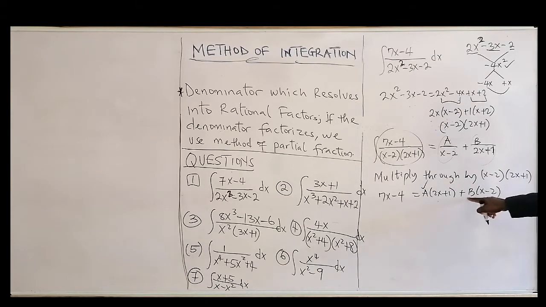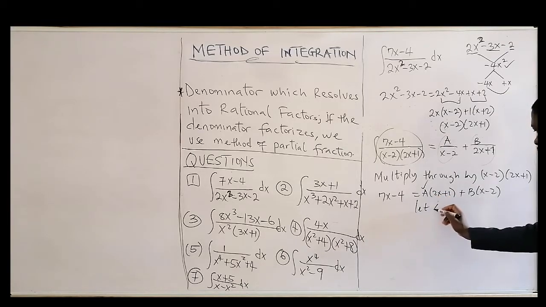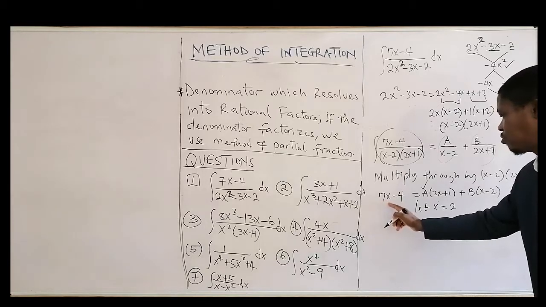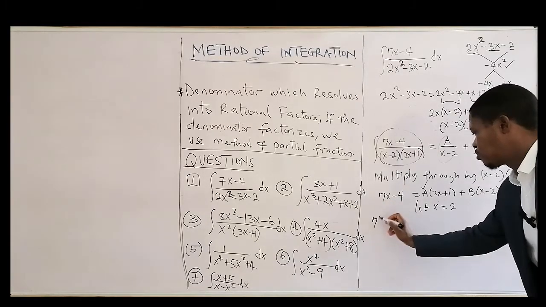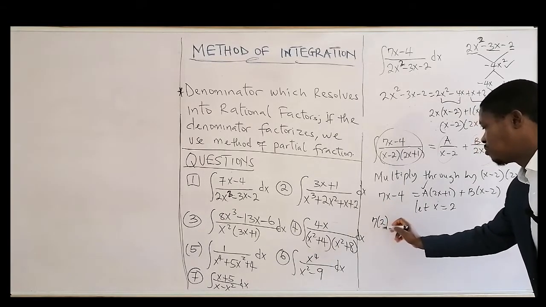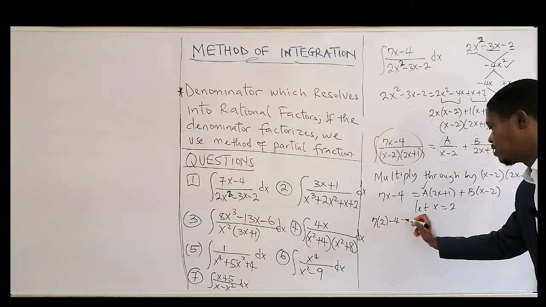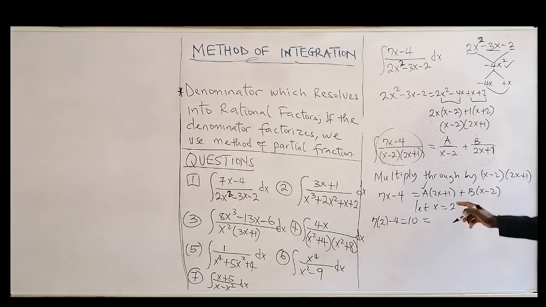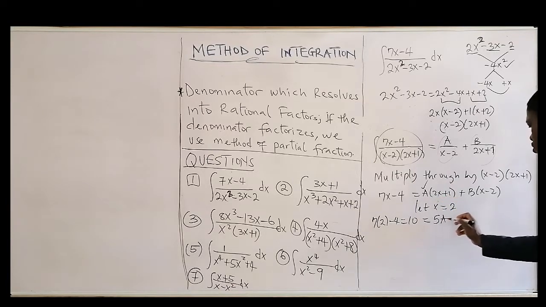If I put 2 here, B will go, then I can get my A. So let x be equal to 2. Then I have 7 times 2, that's 14 minus 4, and that's 10, equal to A times (2 times 2 plus 1), that's 5A.